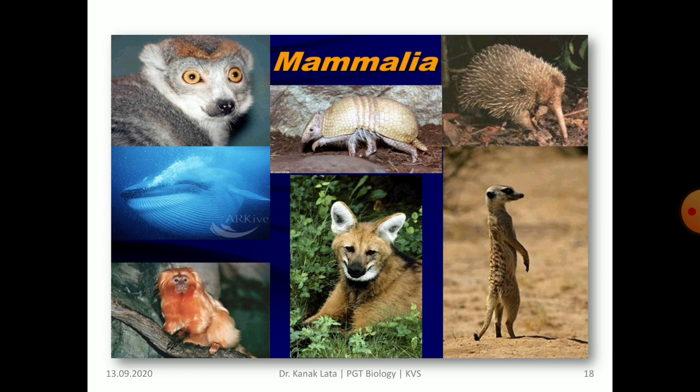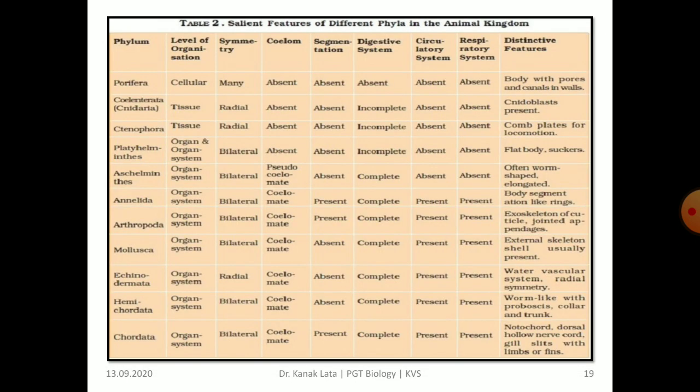So this is a table. This table indicates the salient features of different phyla in the total animal kingdom.